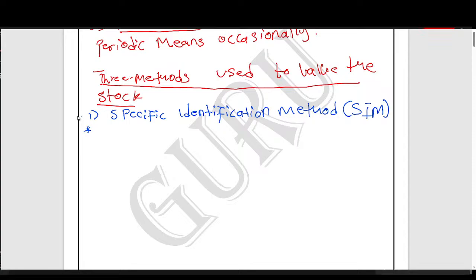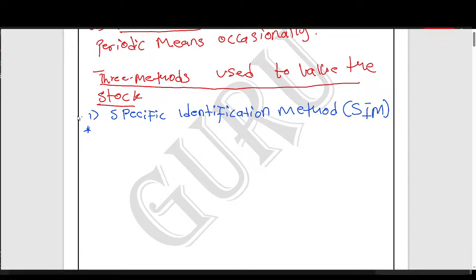On which type of goods do we use the specific identification method? We use it on the large commodities. The large commodities here, we can talk about vehicles and machinery, because those are large commodities. And I want to give you an example. Why do we use it on the large commodities?